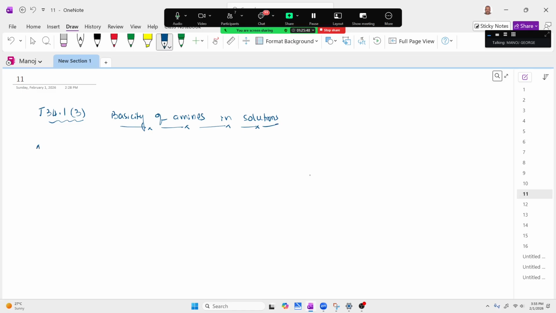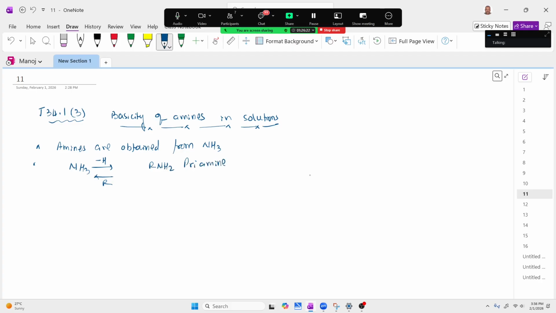First point, keep in mind that the amines are obtained from ammonia. Correct? We get all the amines from ammonia. So what that means is, if I remove one hydrogen and replace that with one R group, I get RNH2, which is a primary amine.